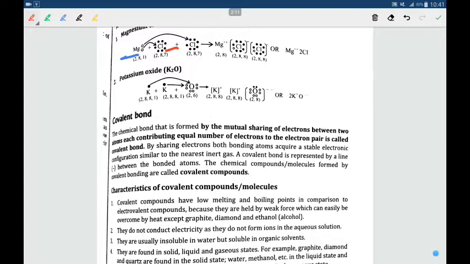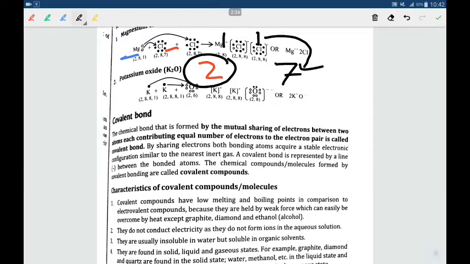In the valence shell of magnesium, there are 2 electrons. In the valence shell of chlorine, there are 7 electrons. So these 2 electrons of magnesium divide into 1 and 1. One electron goes with one chlorine atom, and another electron of magnesium goes with another chlorine atom.